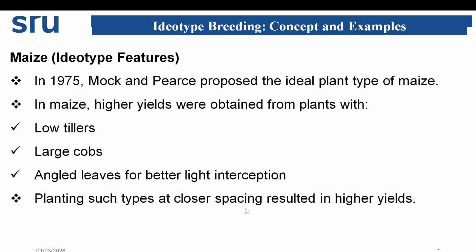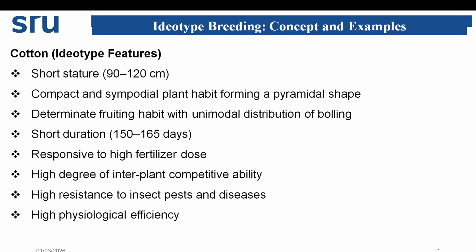Planting such types at closer spacing resulted in higher yield. So the main characteristics are a low number of tillers, large size of cobs, and angled leaves for better light interception. Okay. Next crop, that is ideal features for cotton.